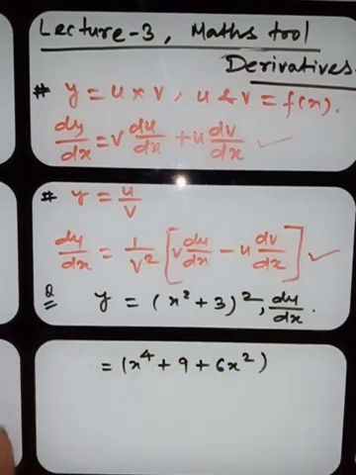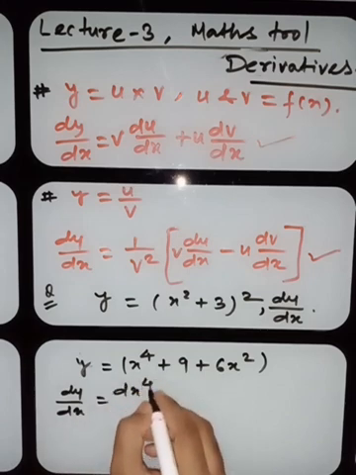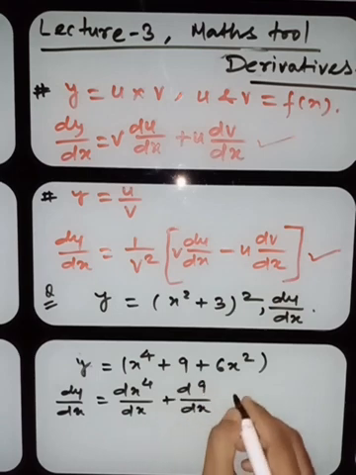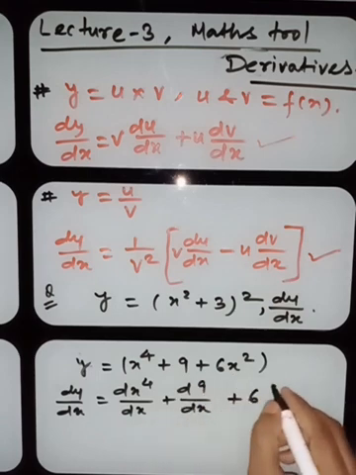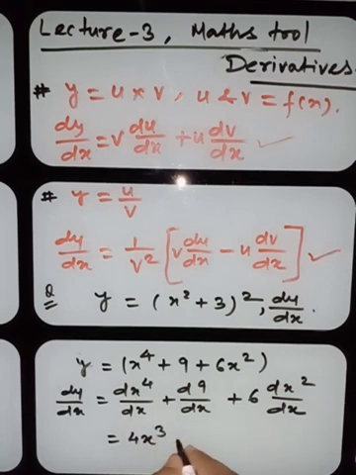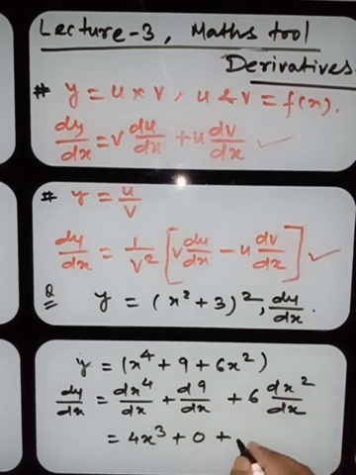Now dy by dx is d x4 by dx plus d 9 by dx plus 6, the constant taken out, d x square by dx. So x4 gives 4x3, plus 0, since this is 9, and for any constant the derivative is 0, plus 6 times 2 x to the power 2 minus 1, that is 12x.